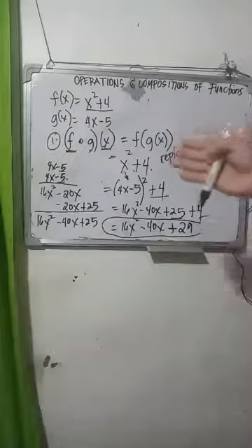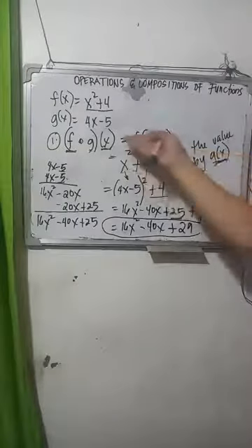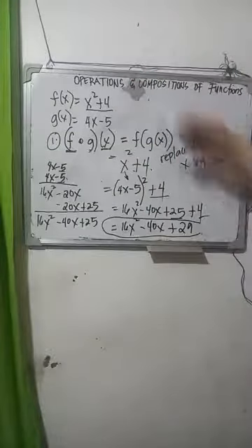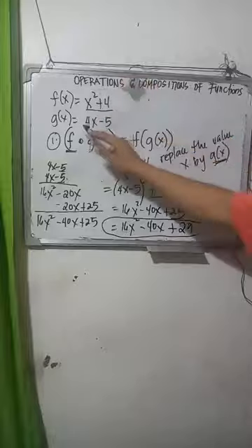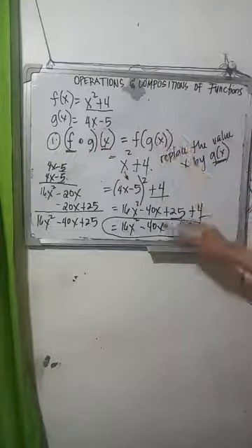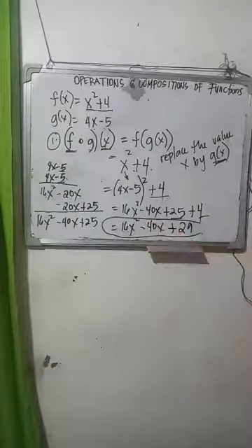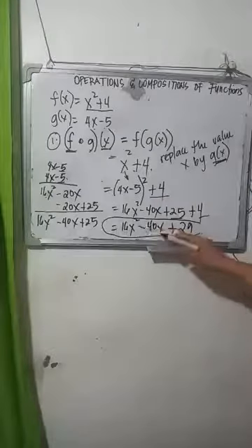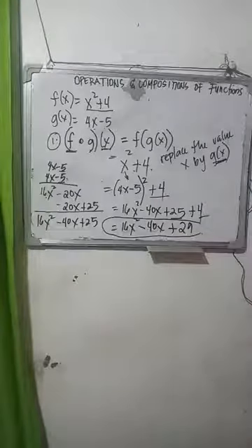So f composed of g of x, based on our given, f of x equals x squared plus 4 and g of x equals 4x minus 5, is equivalent to 16x squared minus 40x plus 29.